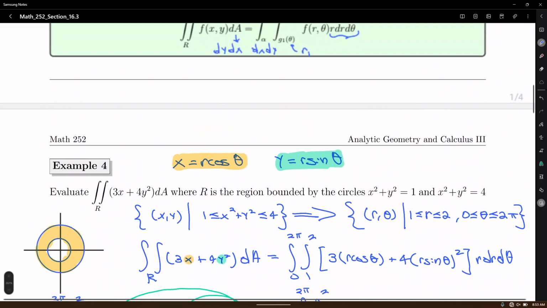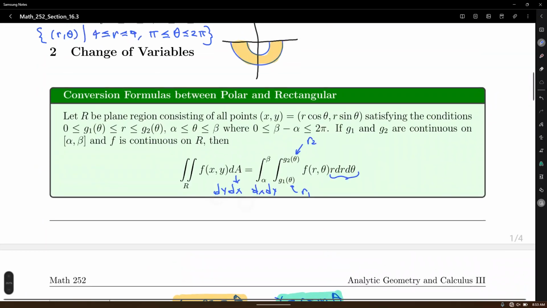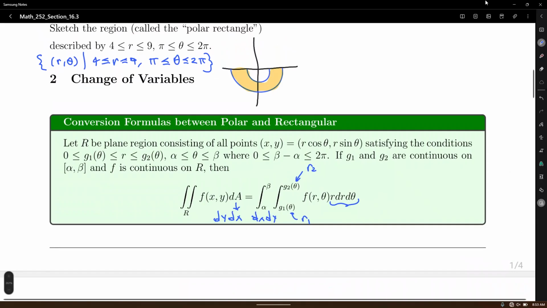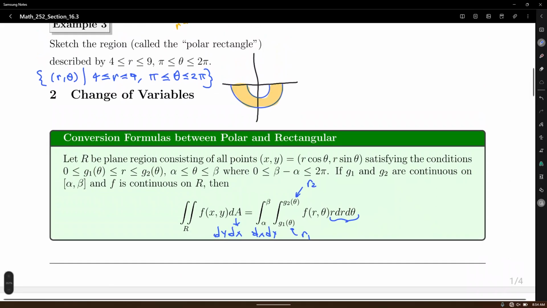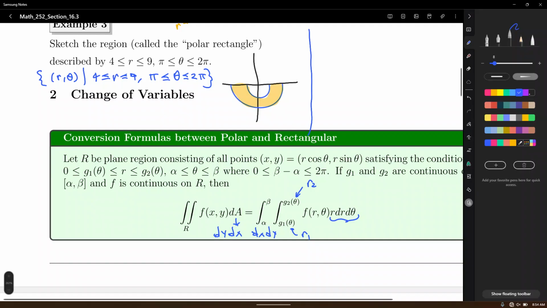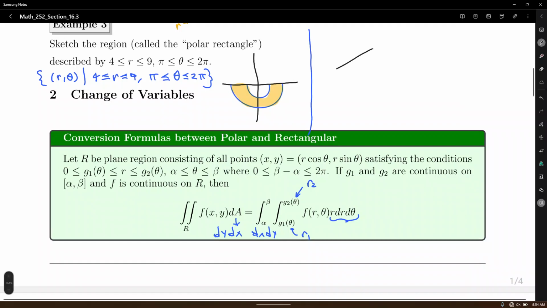All right. So I wanted to show you an example first and then show you the derivation. Here, in the end, we want to integrate over a circular region or a sector of a circular region. So think of this pizza slice.